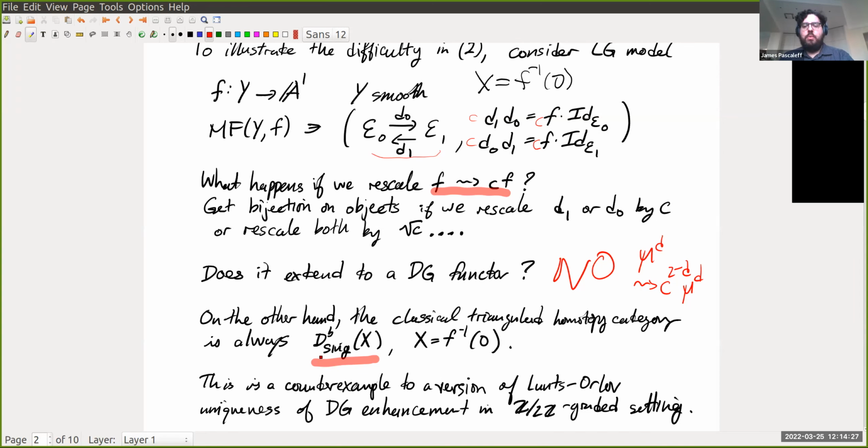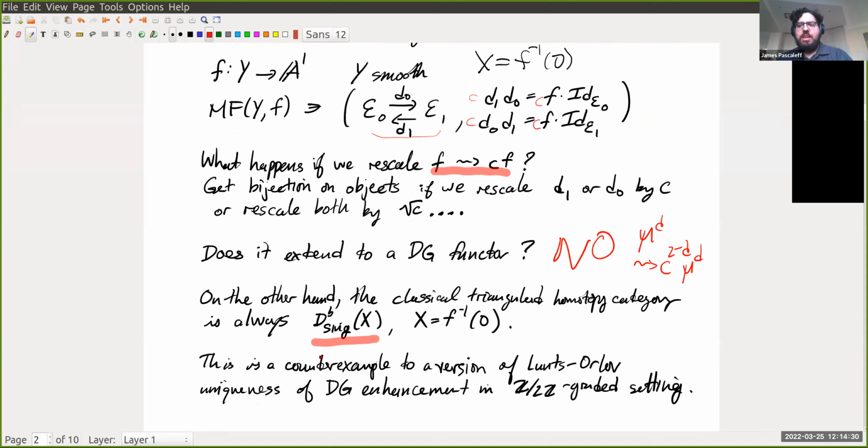So I think what's going on here is that in this Z2 graded setting, this is a small, or possibly even trivial, counterexample to a version of the Lunts-Orlov uniqueness of a DG enhancement. It's just saying you can rescale this potential, and it's not necessarily true that if you have a triangulated category of this kind, there's a unique Z2 graded DG category whose homotopy category is this D^b of Coh.